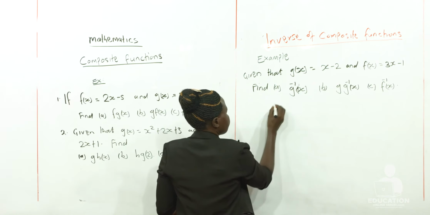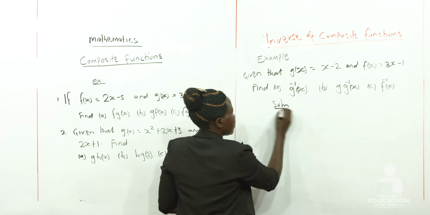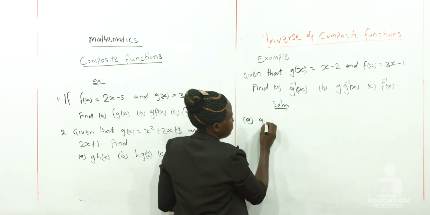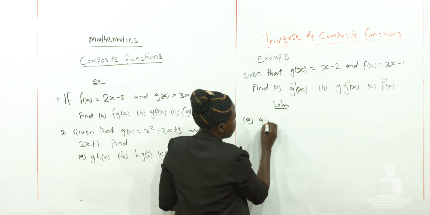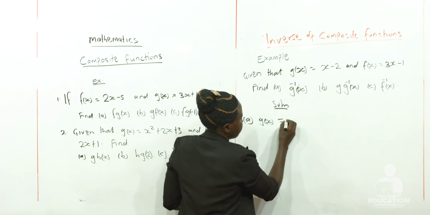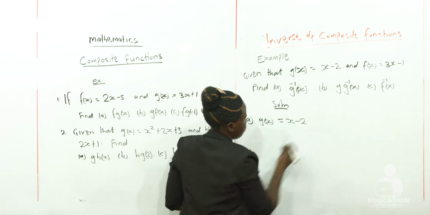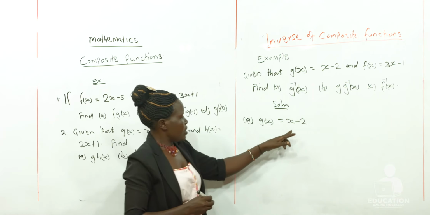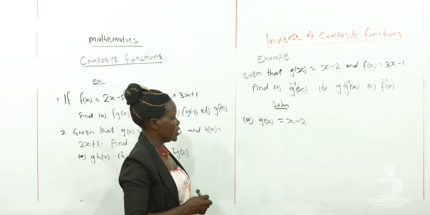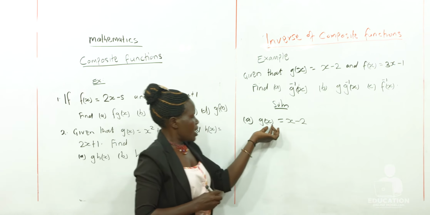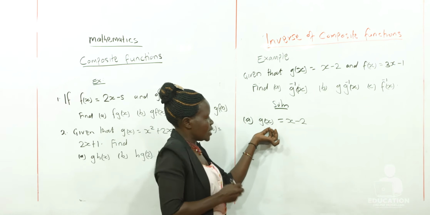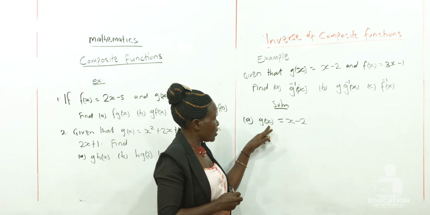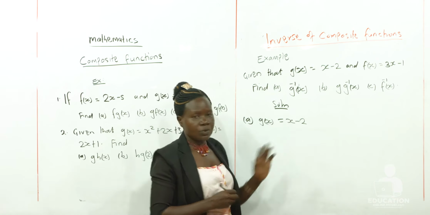Now, when we come to our solution here, g(x) is given as x minus 2. That is a linear equation. Now, if we are to get the inverse of this, for us to interchange the variables, here we have x, we don't have y.